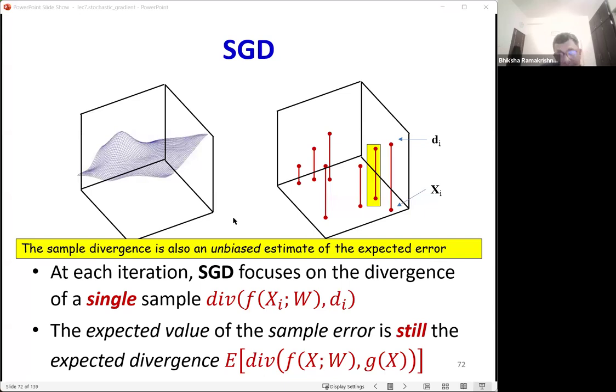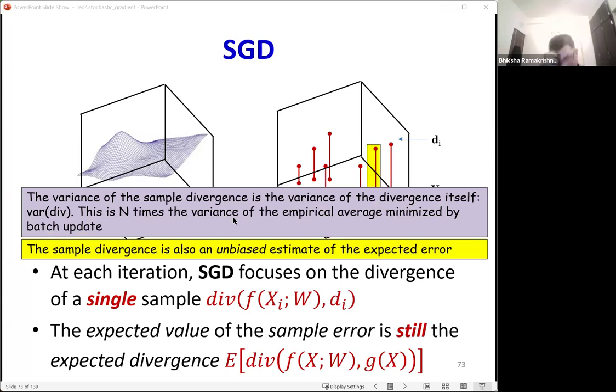Expected divergence. But the problem is, n in this case is 1. You have only one training point. So the variance of the sample divergence is the variance of the divergence itself. This is n times the variance of the empirical average minimized by the batch update. So this is what the math says.